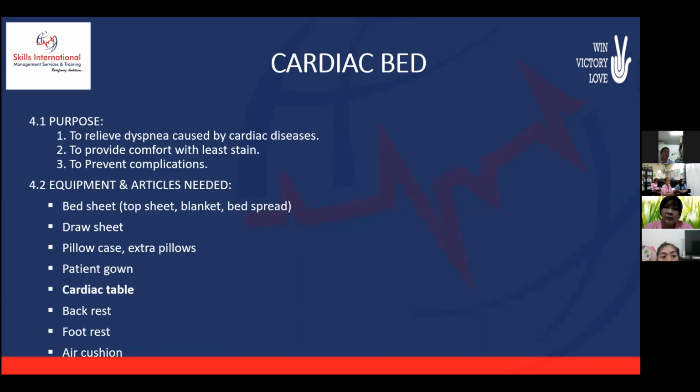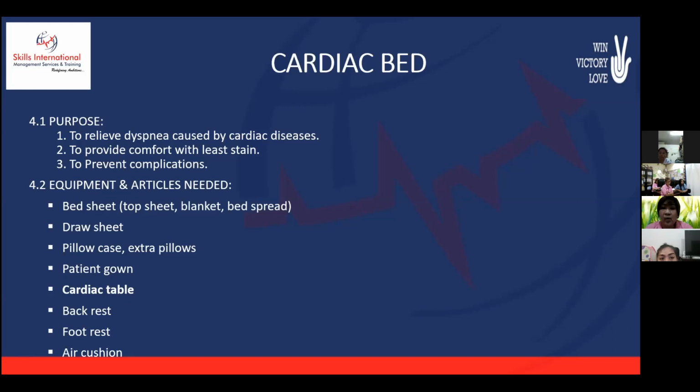So what are the purposes? Number one is to relieve dyspnea caused by cardiac diseases. Dyspnea is a medical term which means difficulty of breathing. So to relieve patients from dyspnea, why do we need this cardiac table or food table?